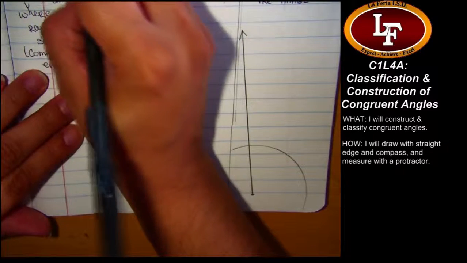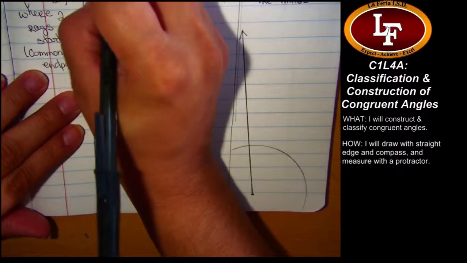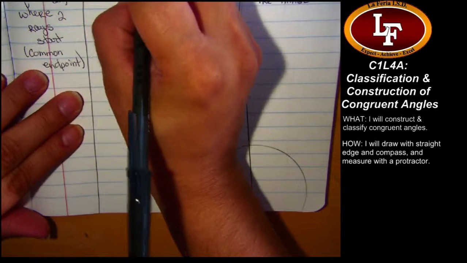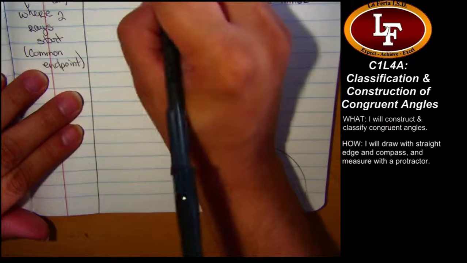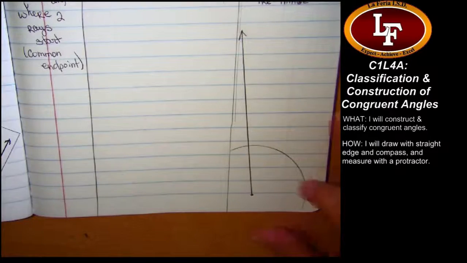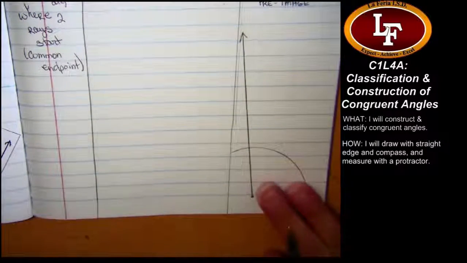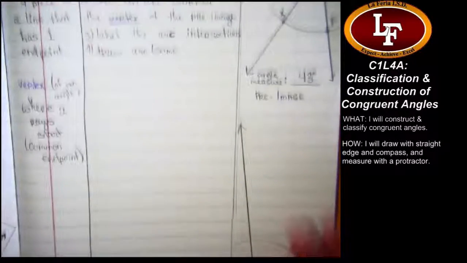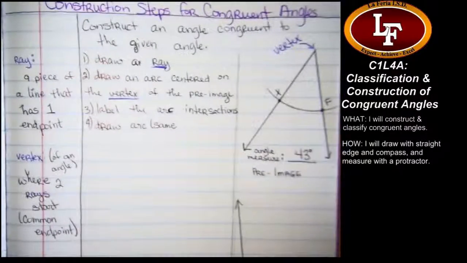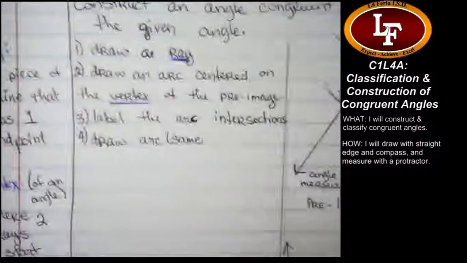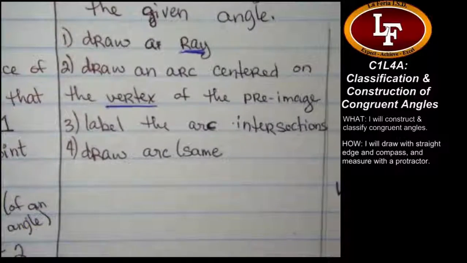So that's step 4. Draw an arc. You're done with this picture? Okay. Let me zoom in nice and tight here on the directions so that it's easier to read.